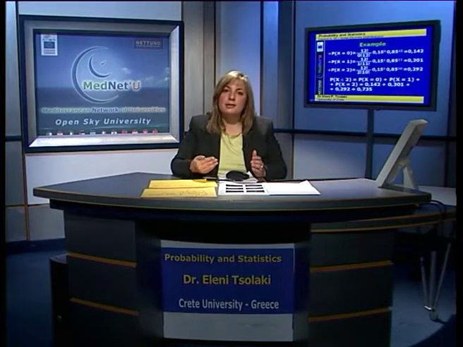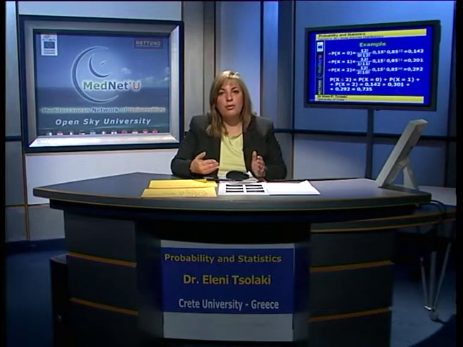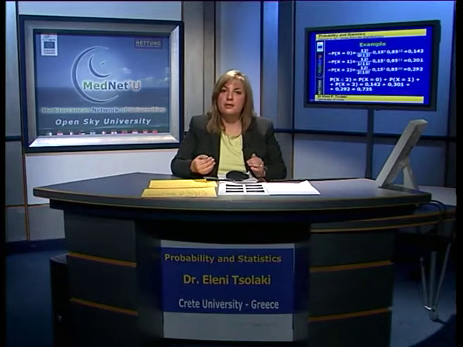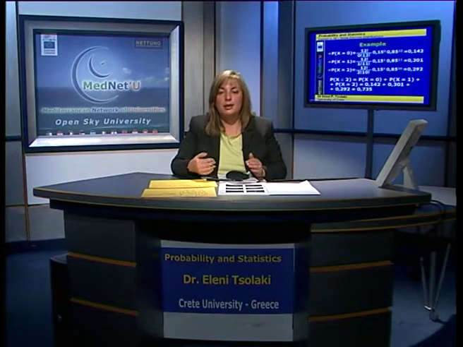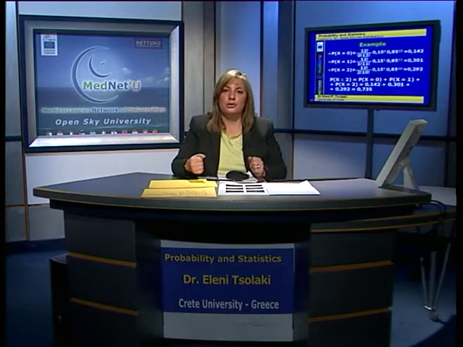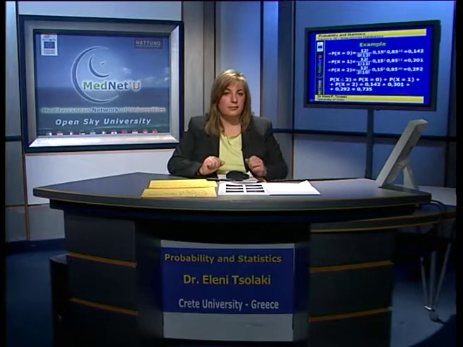That's how useful it is if we know that we can use a particular distribution. We have a lot of information about it, and we do not need to do calculations again and again for computing, for example, the mean and the variance.